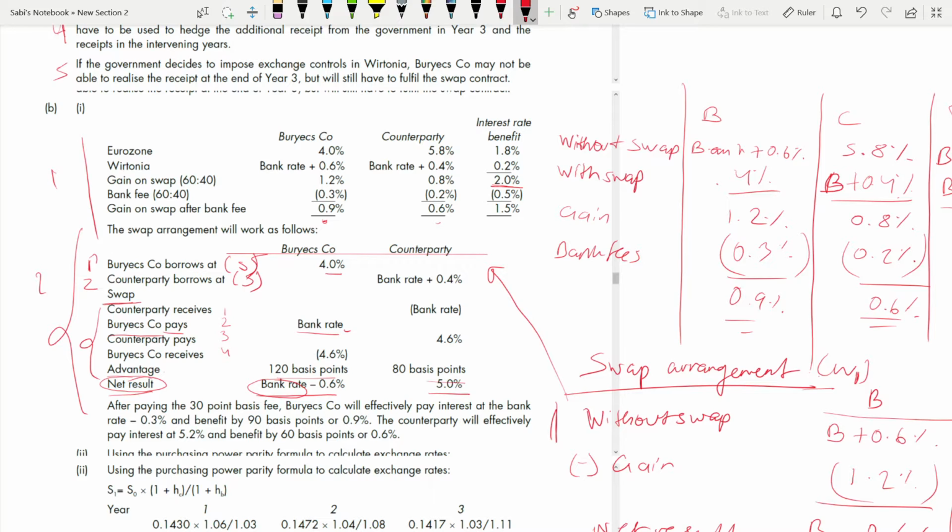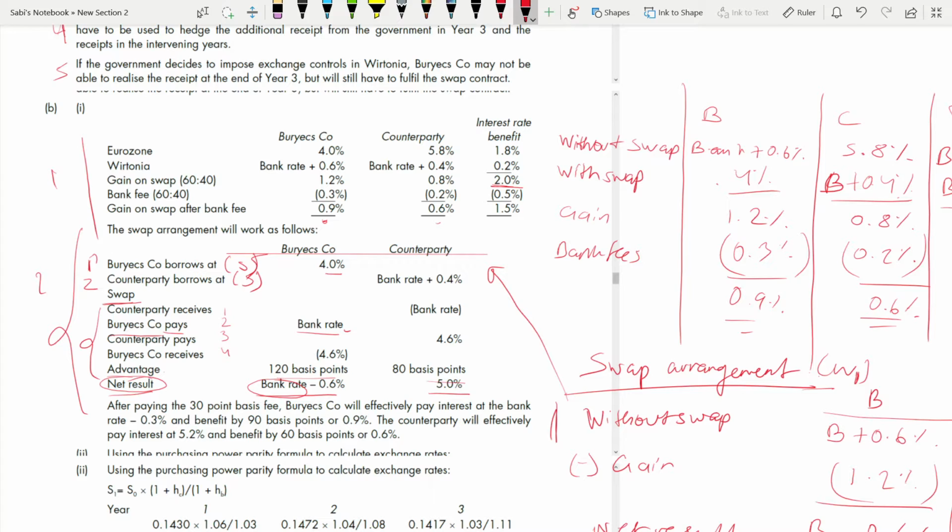So your payment has to be in positive, and when you receive something, it will be negative. Not negative, it will be inside the bracket, because you are deducting your borrowings from your receipts. That's why. And this is payment. This first one, 4%, is payment. This bank rate is payment. That's why both are in positive.